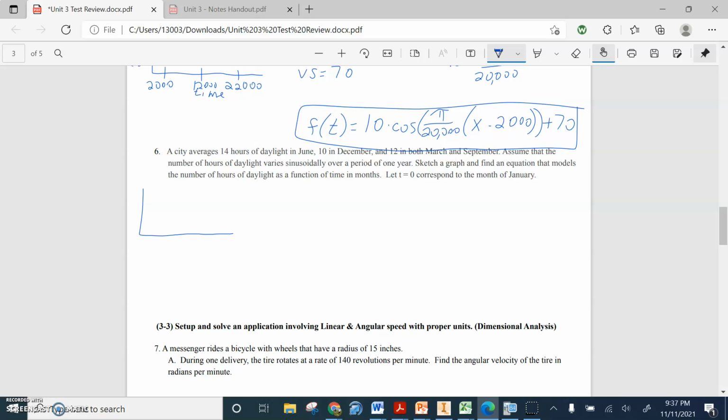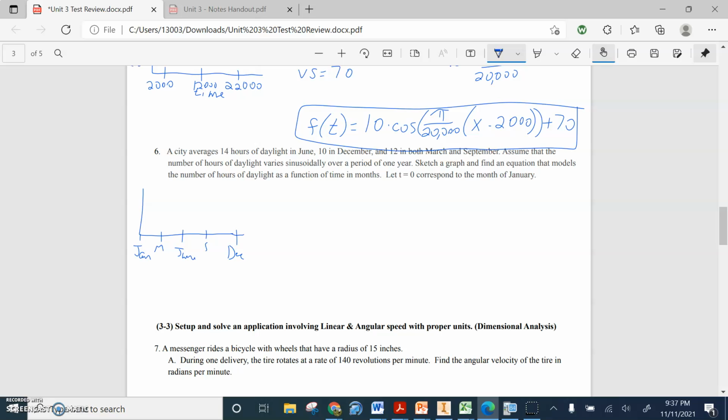So this one we're going to call, like, this is January, June, and December, where that is March and September. Okay, perfect.